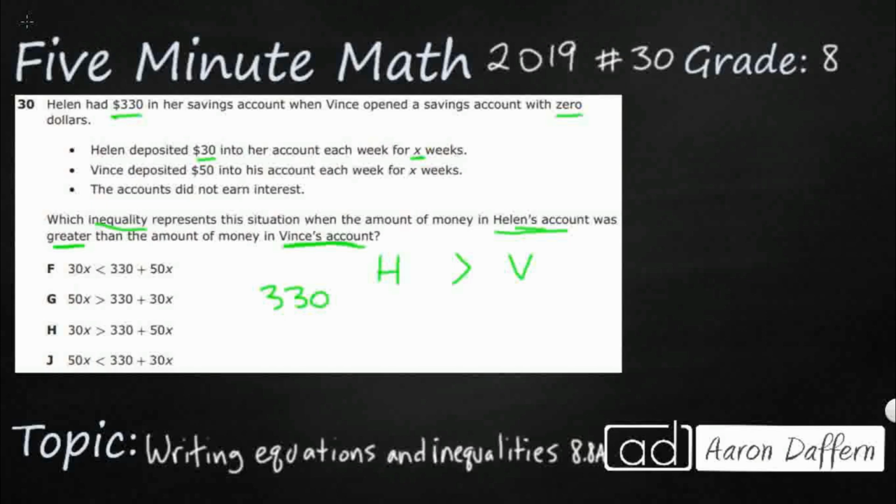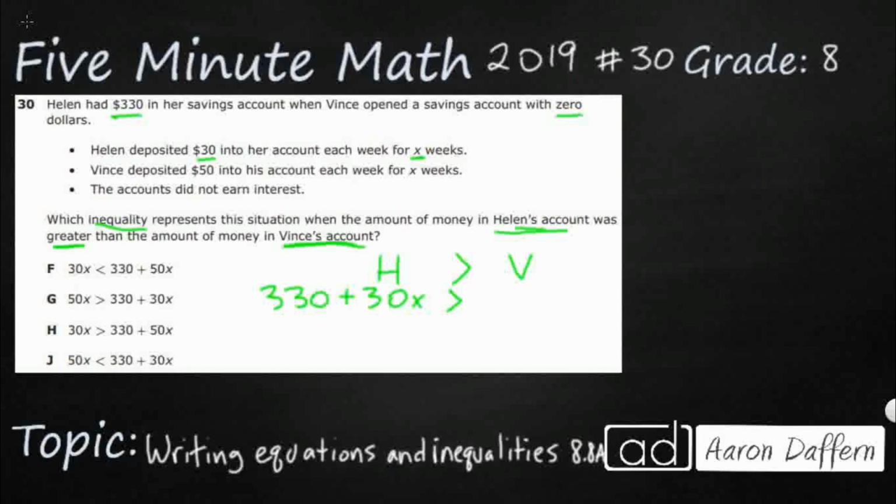She starts with just 330, nothing changes about that. What does change, the coefficient here, is the $30 per week. So on her side she has 330 plus 30x.